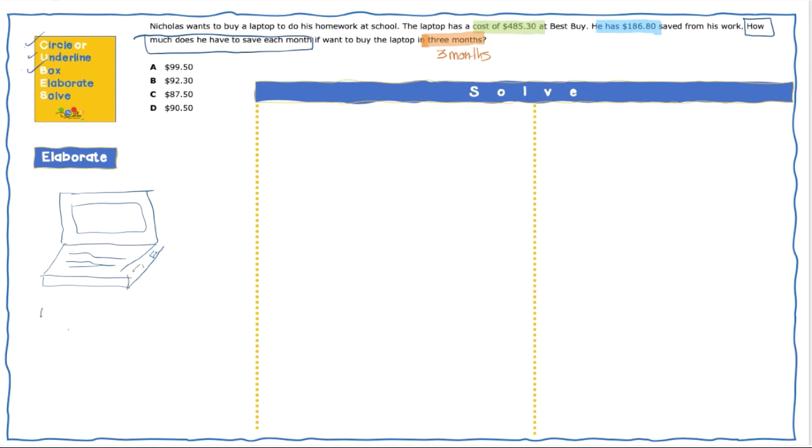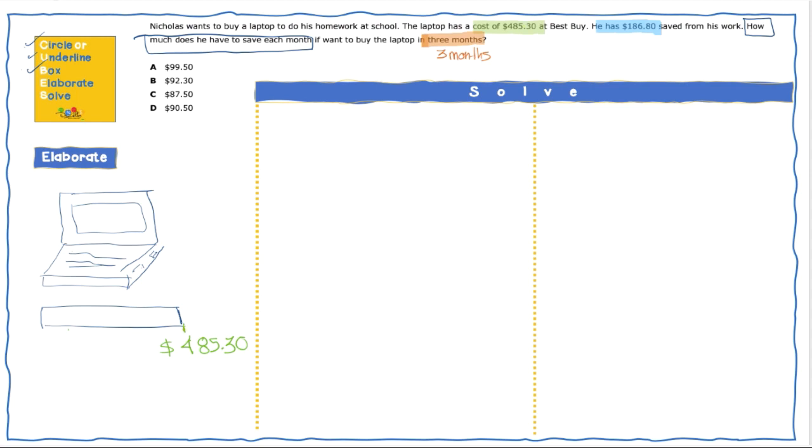All of this, all the way from here to here, the price for the whole laptop is 485 and 30 cents. And notice I did it in green so you can track me better, guys.